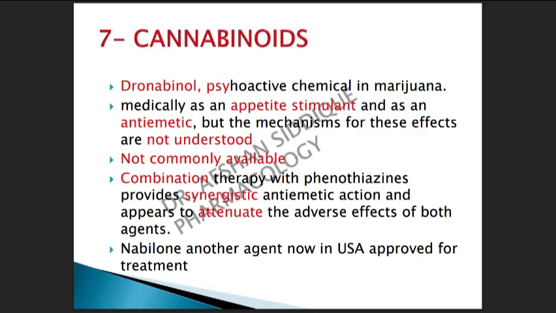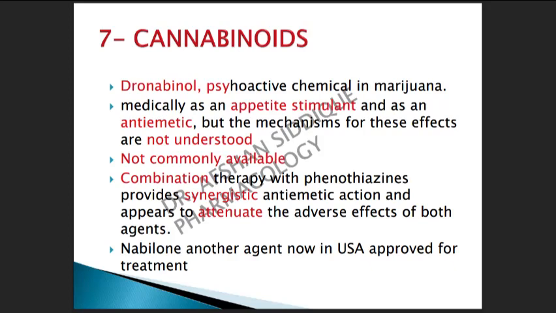So last agent in the class of antiemetic is the cannabinoid. Cannabinoids are basically psychotic chemicals, and they are comprising of dronabinol. These are marijuana type of compound, and medically these are used to enhance and stimulate appetite, as well as these are having anti-emetic activity, but the exact mechanism is unknown.